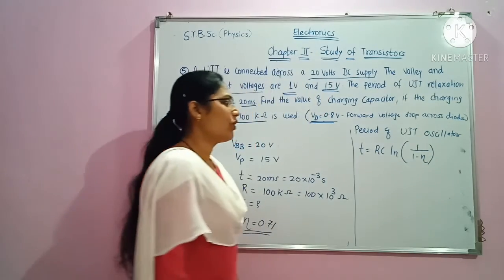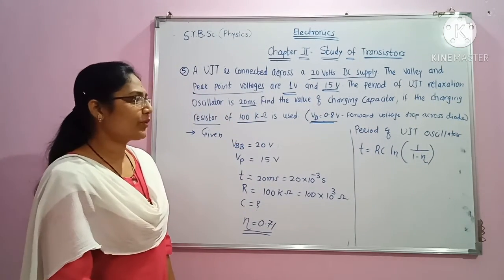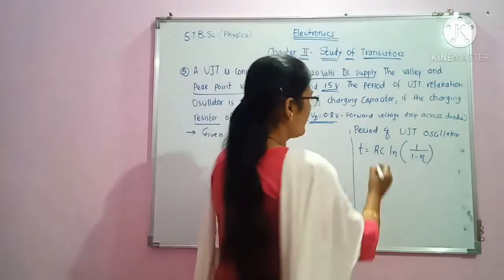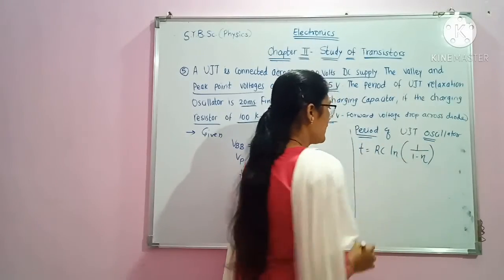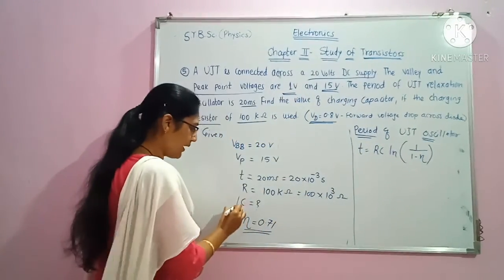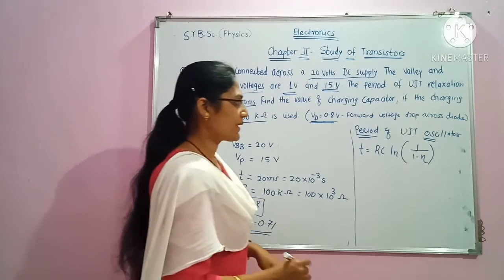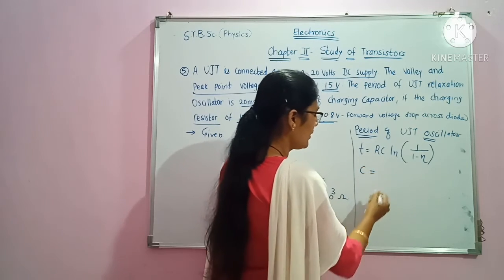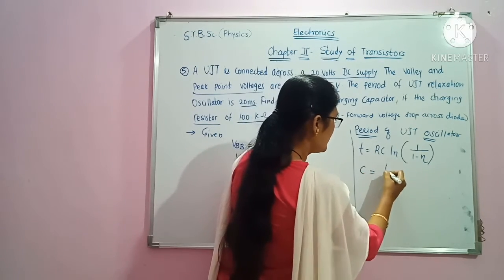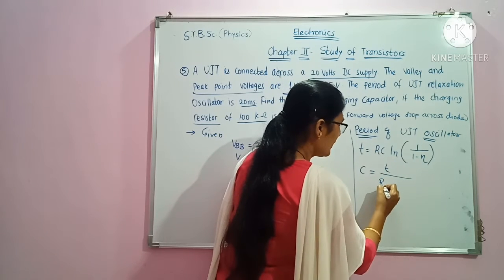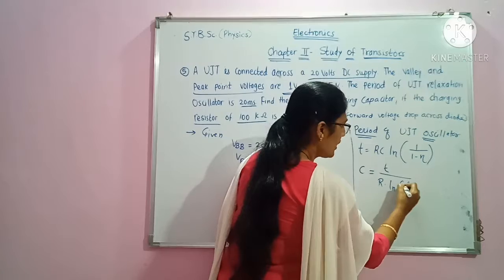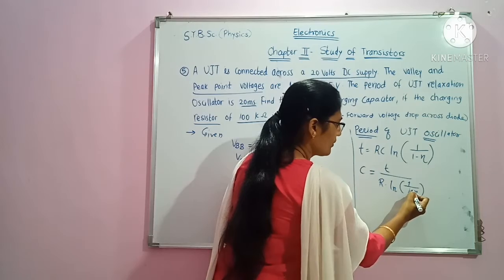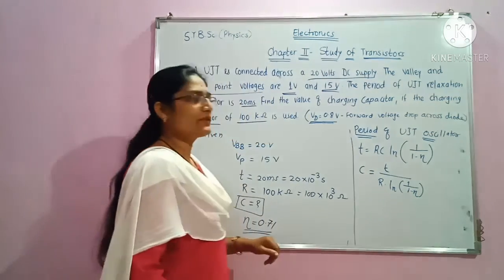This is the formula for the time period of the relaxation oscillator, and we have to find out the value of C, that is the charging capacitor. The charging capacitor value C can be obtained by rearranging this equation: T divided by R into ln of 1 upon 1 minus eta.